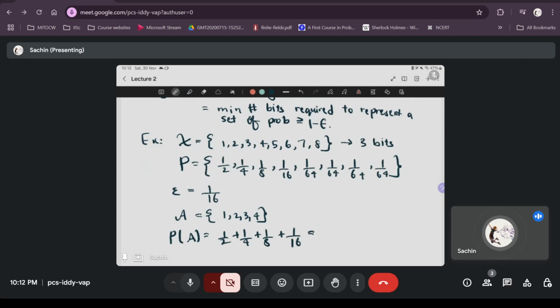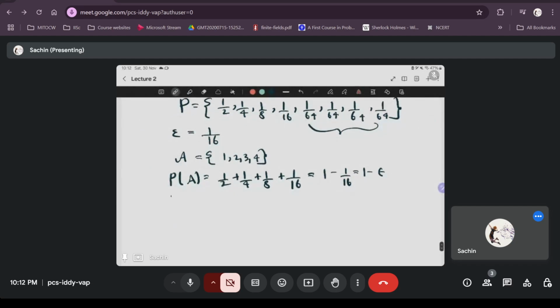So the rest of the outcomes together have a probability 1 over 16, so this set has probability 1 minus 1 over 16, which is equal to 1 minus epsilon. So that is a set A whose probability P of A is greater than or equal to 1 minus epsilon. So the number of bits you need to represent the outcomes of set A would be log of the size of A base 2, which is 2 bits.